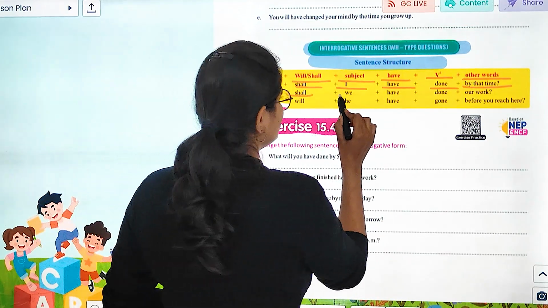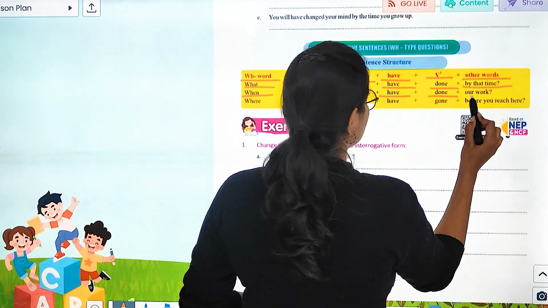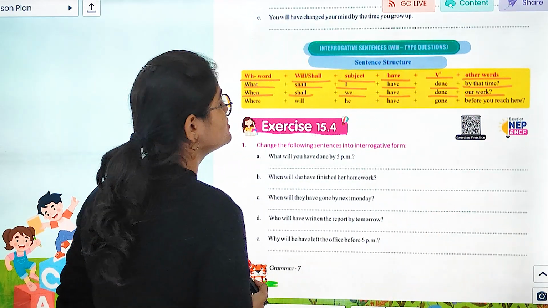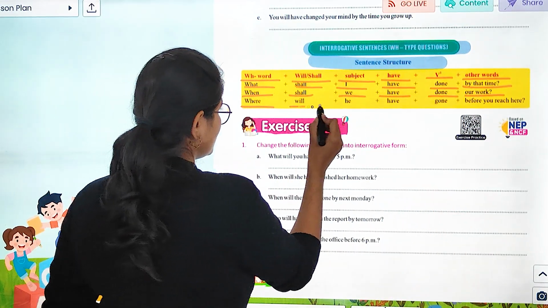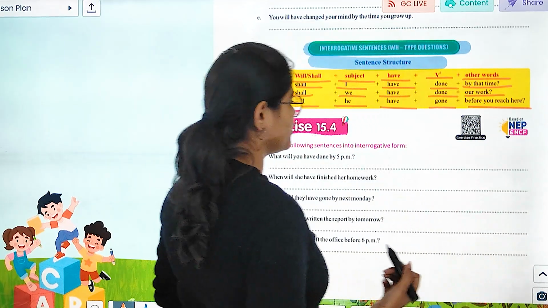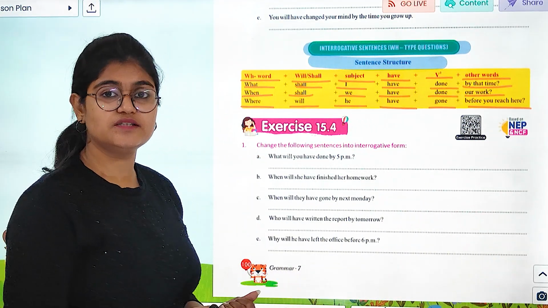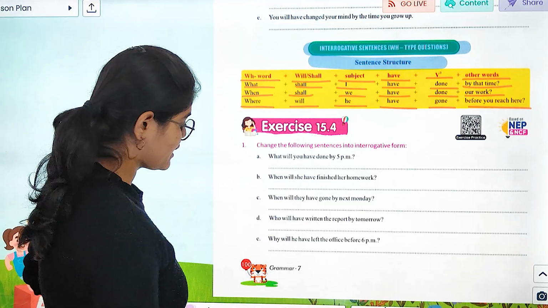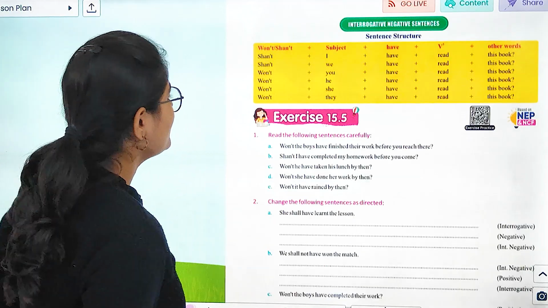When shall we have done our work? Where will he have gone before you reach here? Right?